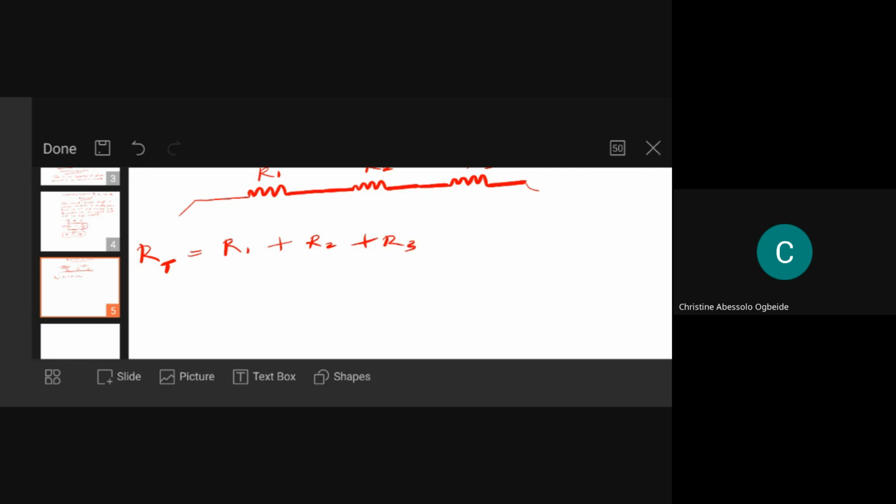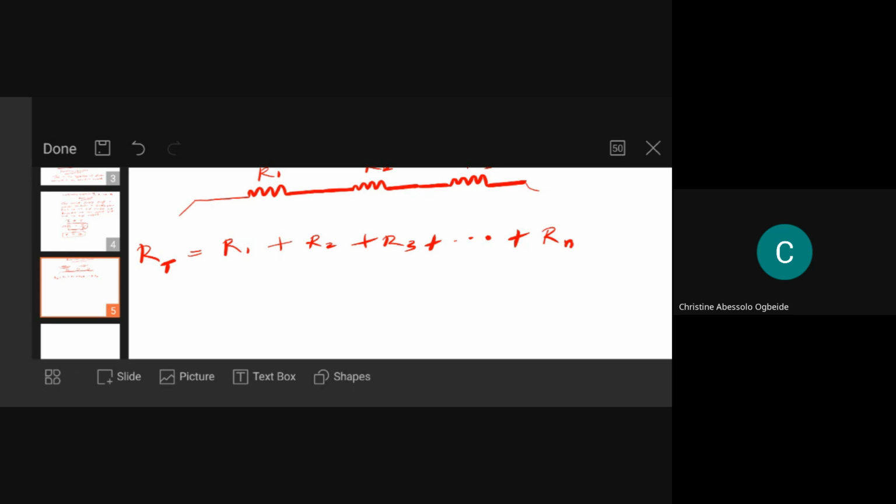But sometimes you can have more than 3 resistors, so I keep on adding until I get the number of resistors given in the circuit. If resistors are connected in series, all you need to do is add up everything. That becomes the total resistance in that circuit.